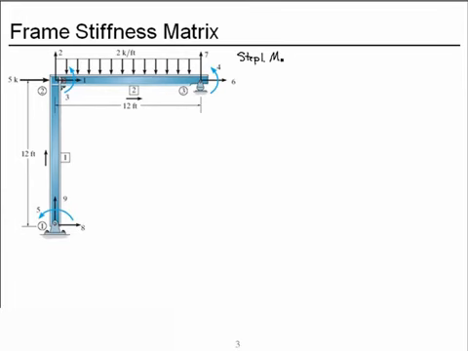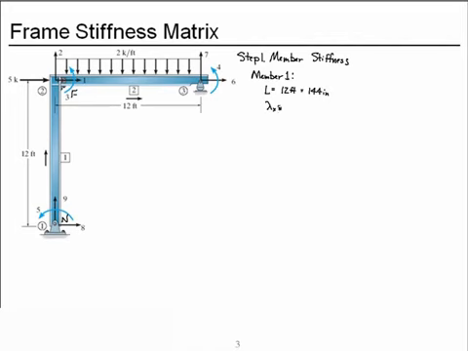We'll start with member stiffnesses. And let's start with member 1. Member 1 has the near node as node 1 and far node is node 2. Its length is 12 feet, which is 144 inches.